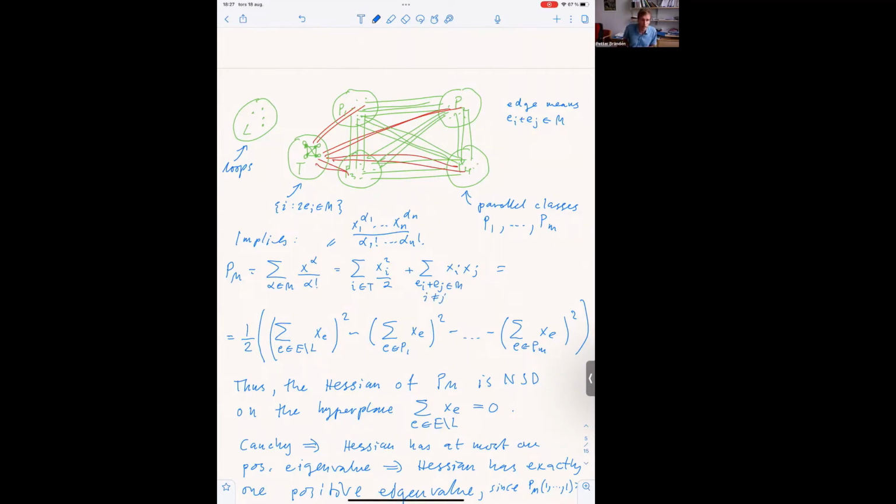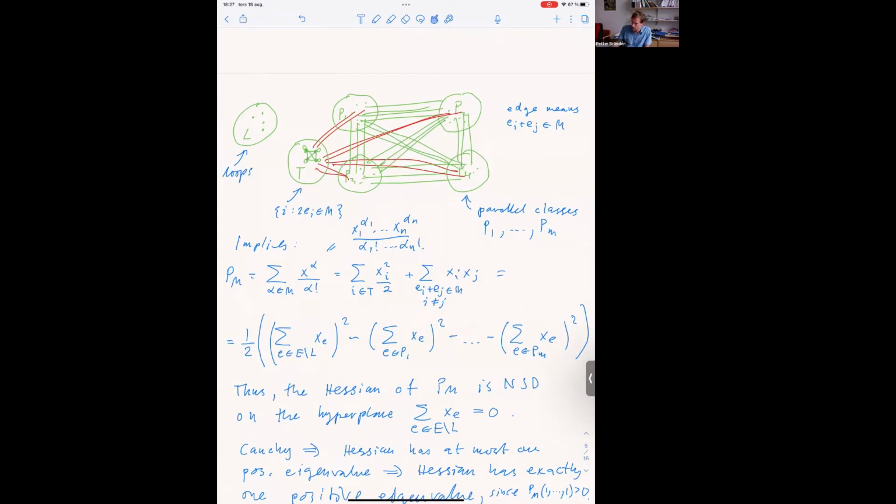Okay, this is certainly true, but it's not hard to see that this actually is equal to this sum of squares with signs. And why is that? If we're in T, then we'll get xi squared over 2 from one of these terms, and we will get no cancellations from these terms. So these are the parallel classes, up here.